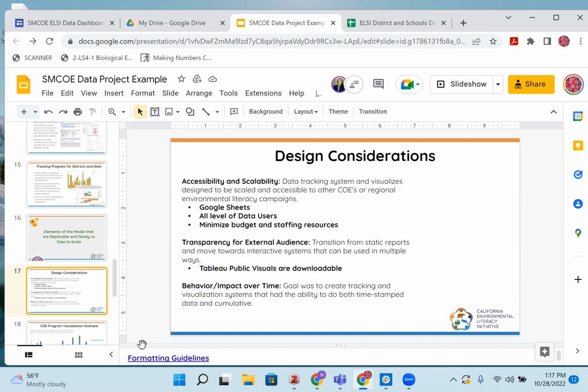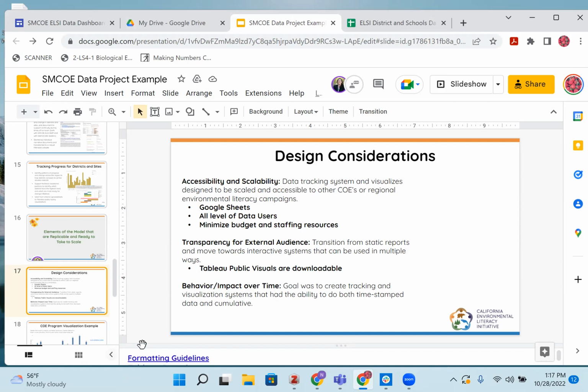So some things that we did specifically to address these accessibility and scalability concerns was we did decide to use Google Sheets so that we could work in a collaborative way. We had Climate Corps fellows coming in and out annually, but also so that it could be more easily shown to others.